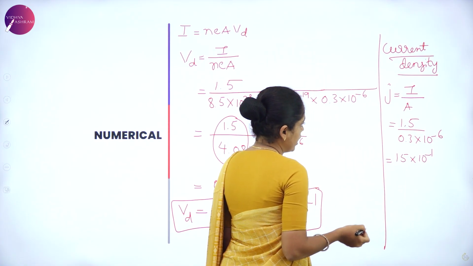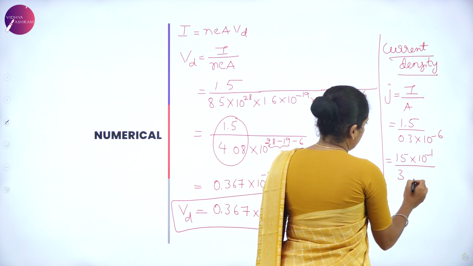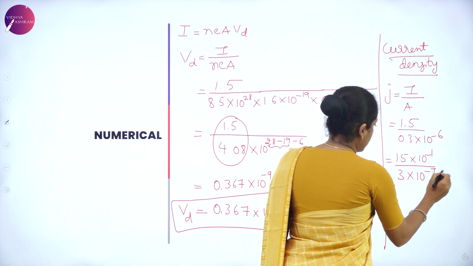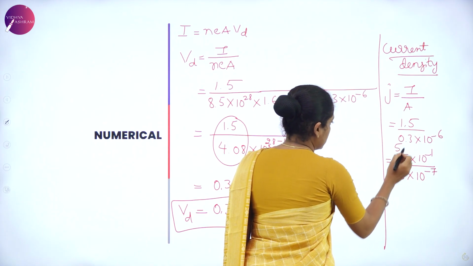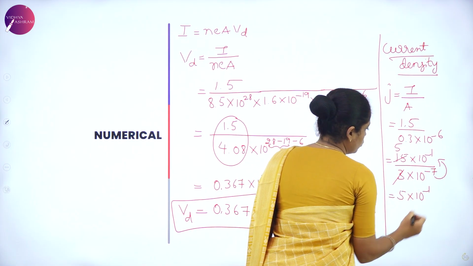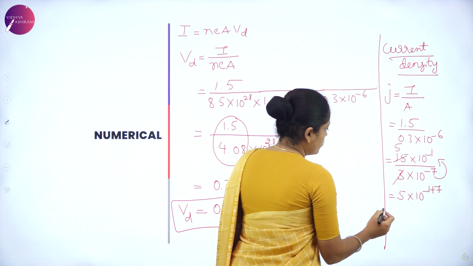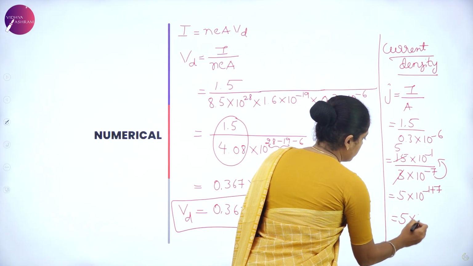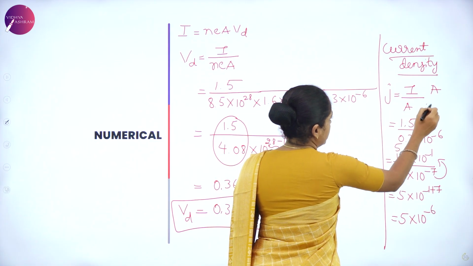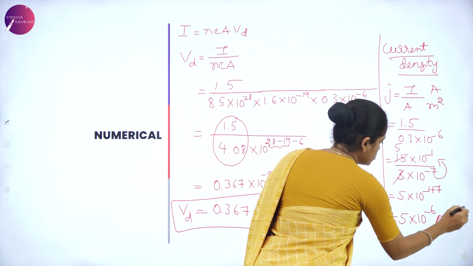Then 1.5 can be written as 15 into 10 power minus 1 divided by 3 into 10 power minus 7. 3 fives are 15, so 5 into 10 power minus 1, and this to the numerator becomes plus 7. So plus 7 minus 1 is plus 6. So 5 into 10 power 6, and the unit is ampere per meter square.